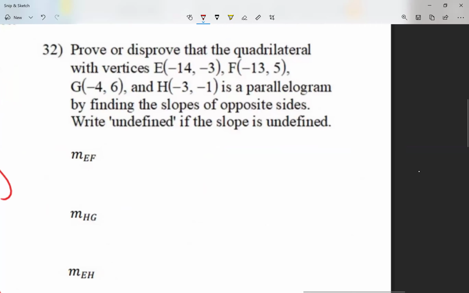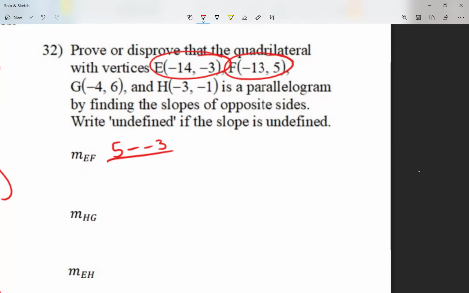The slope of EF. So I'm using the points E and F. I'm going to subtract the Y starting from F, right? I'm going to use the F as my second point. So 5 minus a -3. And then -13 minus a -14. I know these two negative signs become a plus sign.